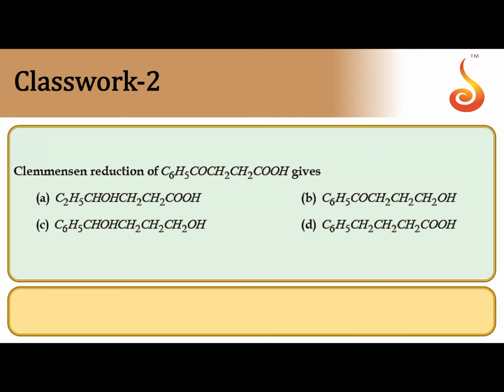Next one: Clemmensen's reduction of the given compound produces? First write the structure clearly: C6H5 CO CH2 CH2 COOH. In Clemmensen's reduction, we know the carbonyl group only is converted into alkane.